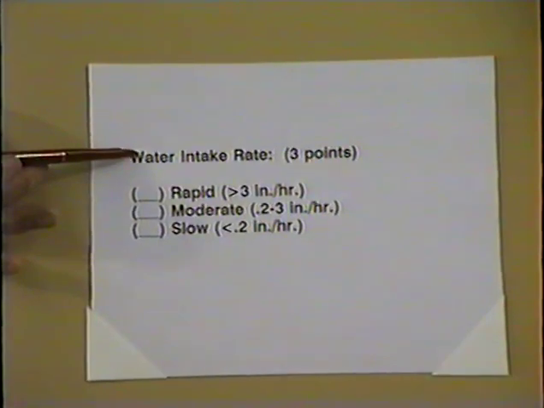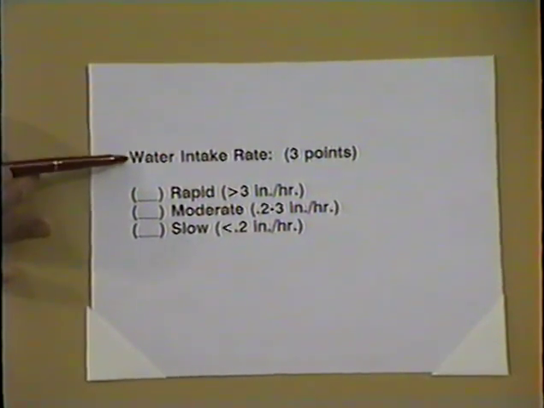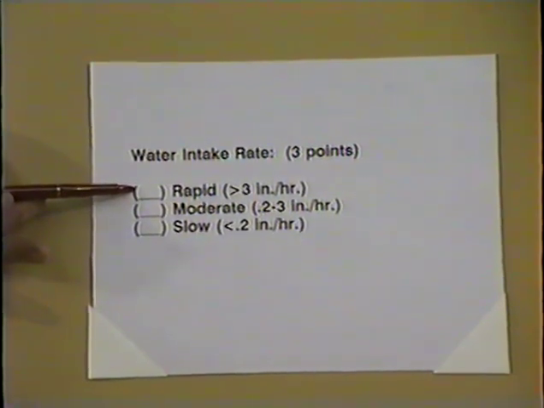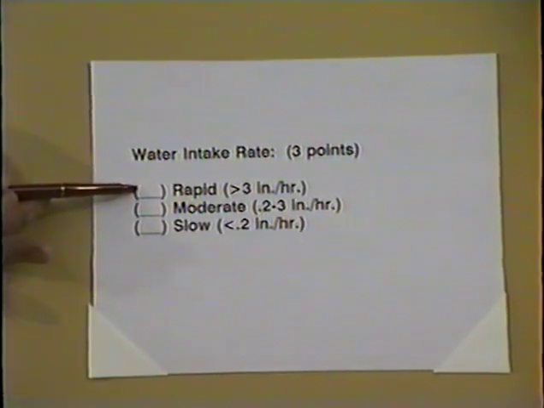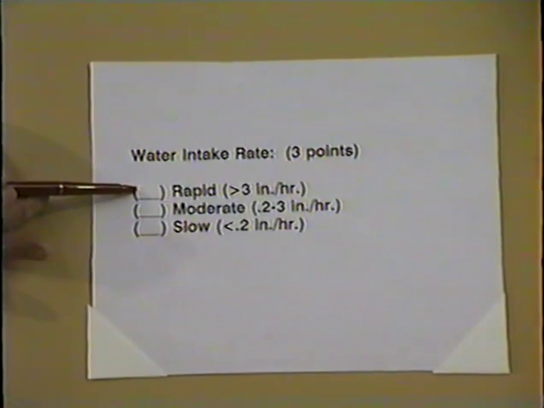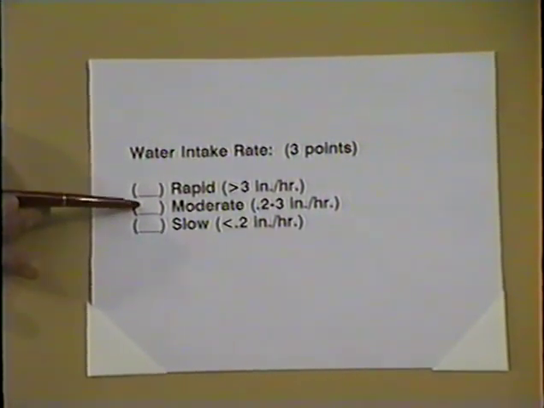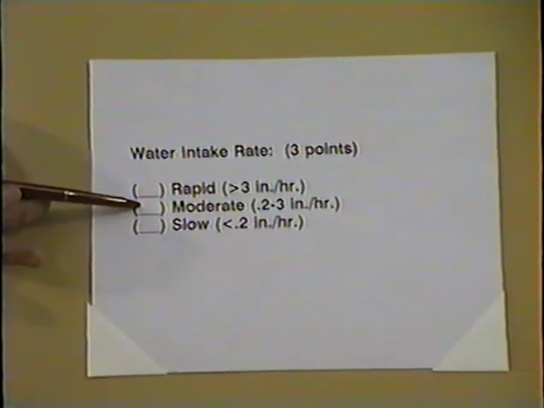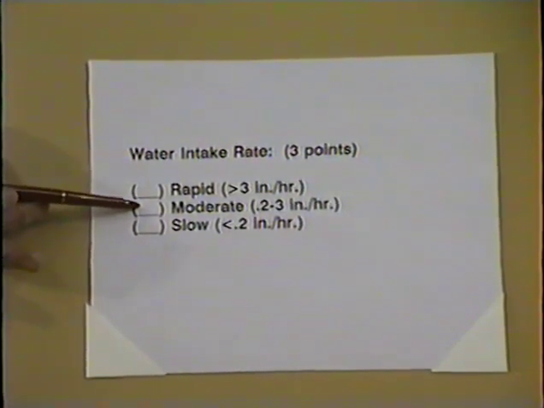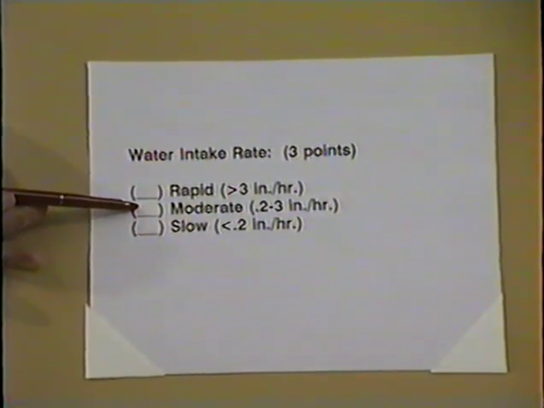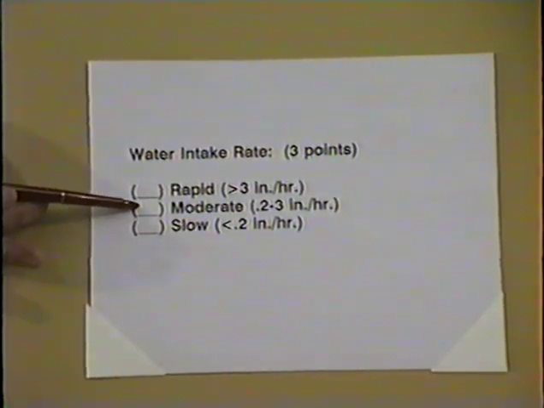The same thing can be true of the next decision that we make, that has to do with the ability of the soil to absorb water, the water intake rate of the soil. Clearly, the sandy loam and loamy sand textures would have a very rapid intake rate. The moderate textures would be the medium textured soils, and perhaps, well, certainly all the medium textured soils, and maybe some of the heavier textured sandy loams that are approaching loamy soils.